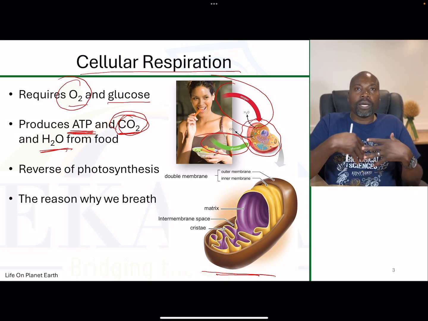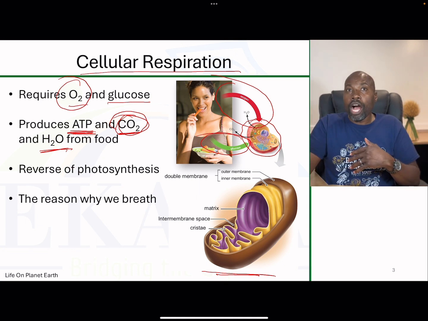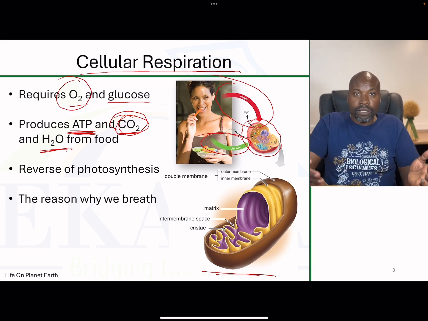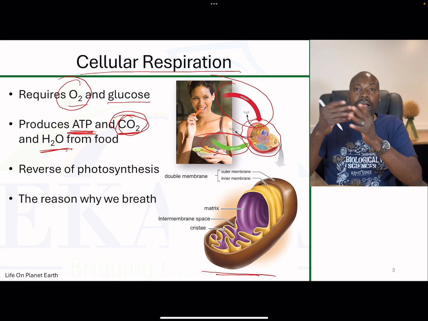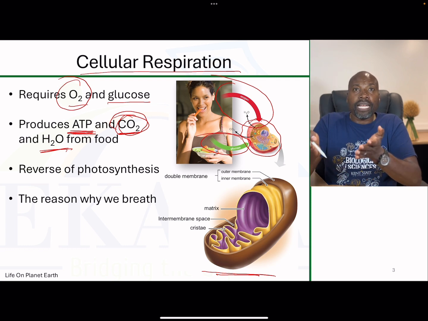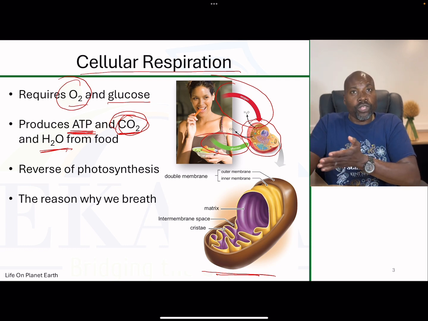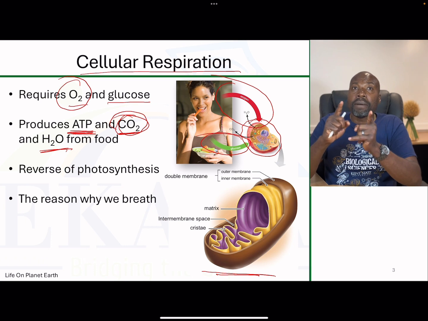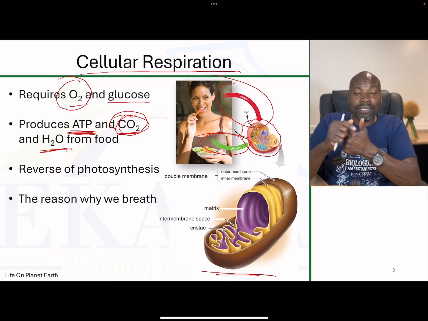Not only we humans, dogs, cats, frogs do this, right? Other organisms also do this, including plants, grass, oak tree, pine tree.